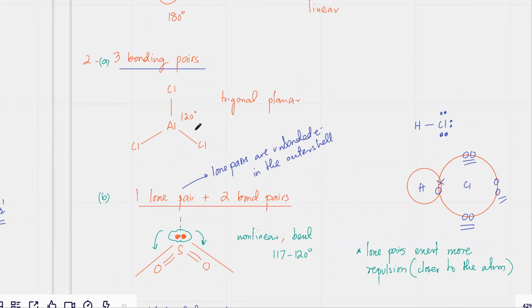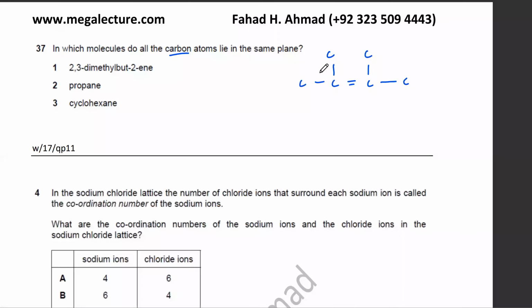Whenever you've got 3 pairs of electrons, it's going to be fan-shaped. So this carbon over here is going to look like this, fan-shaped, with a double bond. This other carbon atom over here would also be fan-shaped. It's got 3 bonded pairs of electrons. So it's like 2 fans connected to each other, and the angle would be 120 degrees.